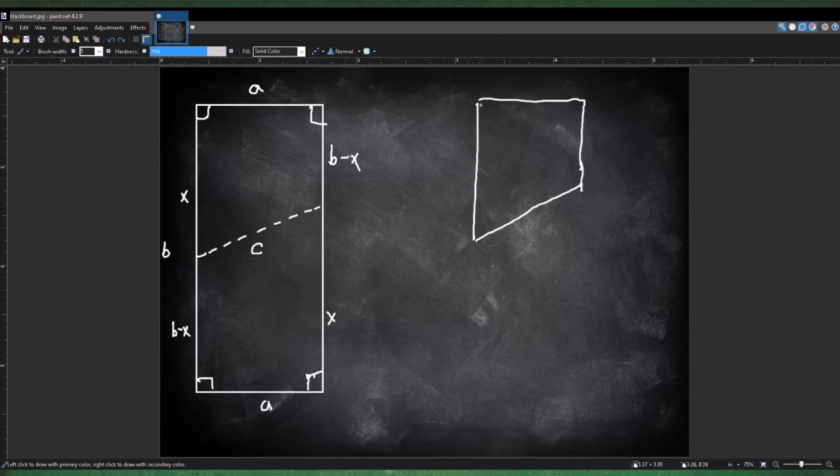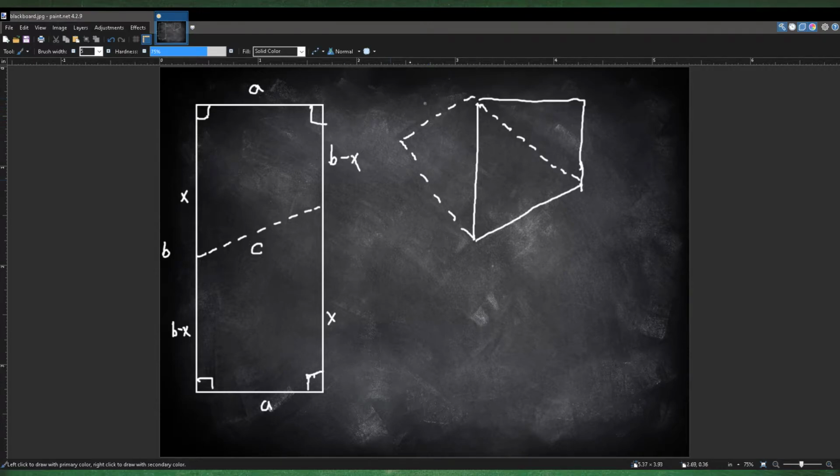So we flip over that shape. The first line will look something like this, which is just this line flipped over. Then we have this line flipped over, which is going to be somewhere right here. And then this line flipped over just connects these two lines together. So it's got to be somewhere right here.